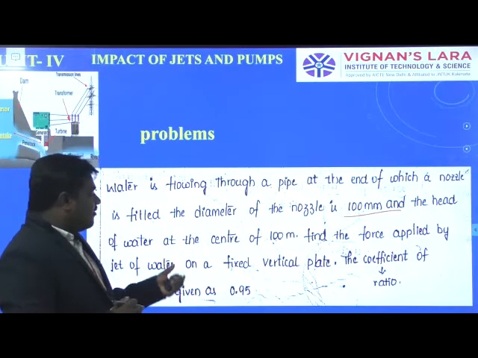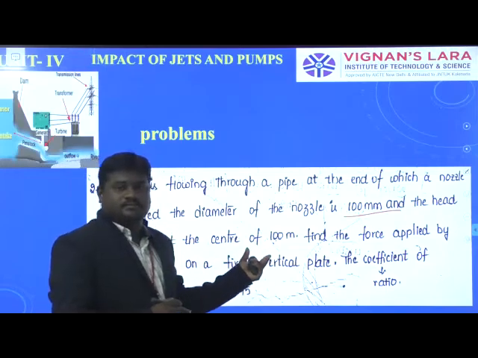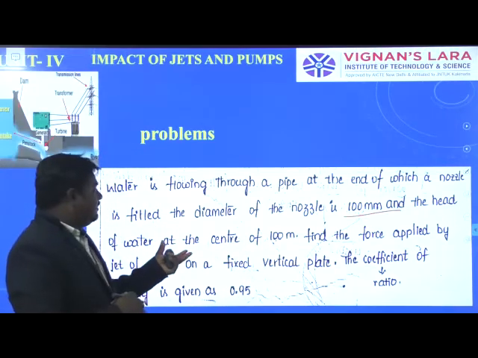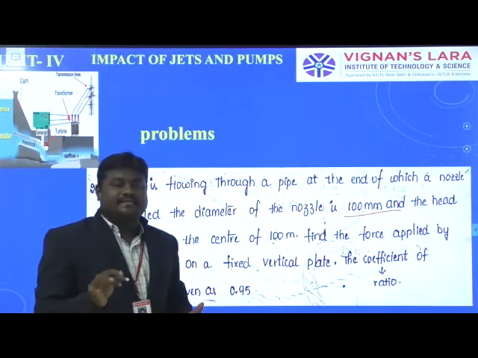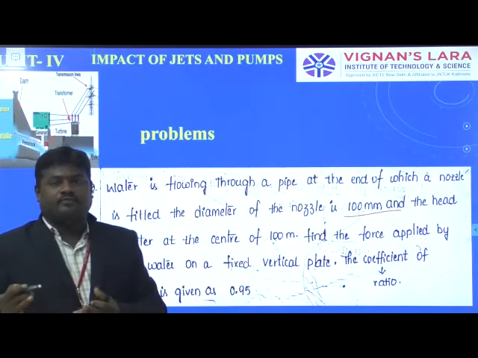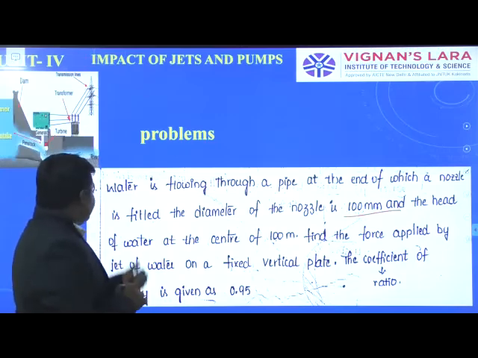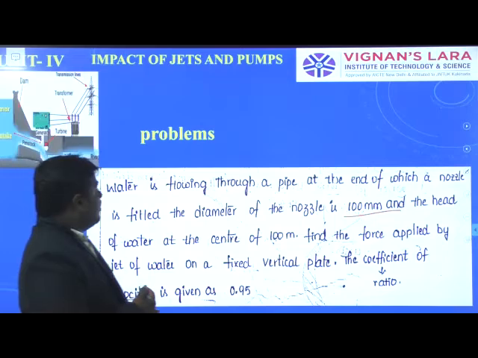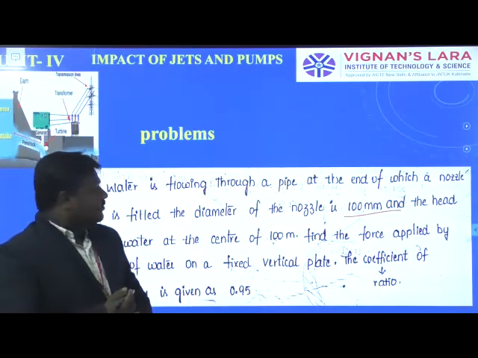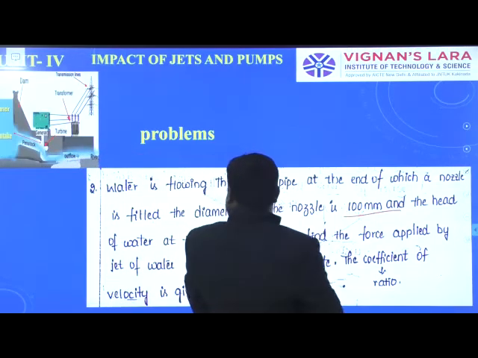First of all, we have to read the problem 2 or 3 times. Why? Because when you read it 2 or 3 times, then we get the data, that is, what is given and what we have to find out. Once again, first, what is given here: water is flowing through a pipe, at the end of which a nozzle is fitted.